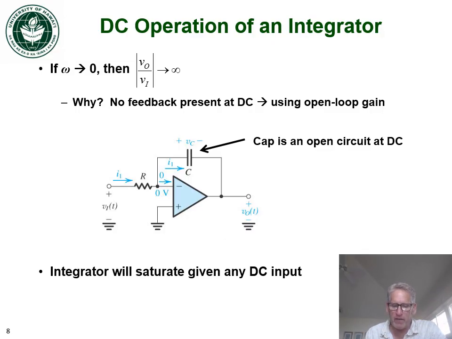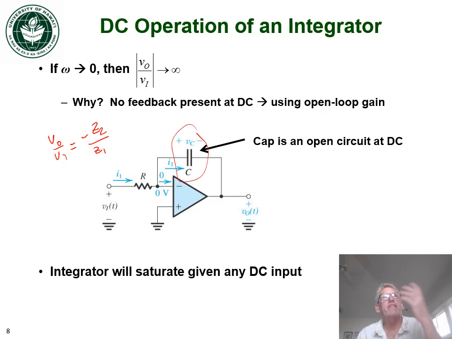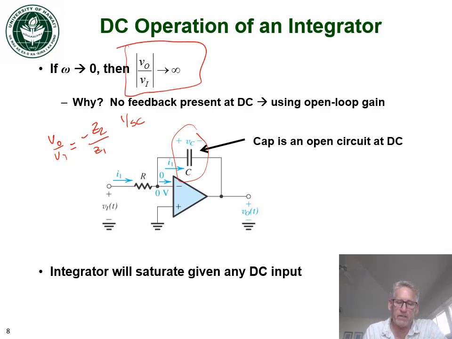Keep in mind that if we think of this as an impedance divider, Vout over Vin is minus Z2 over Z1, where Z2 is coming from our capacitor C. As the frequency gets lower and lower, remember this is 1 over SC, that impedance gets bigger and bigger, and it tells us that our gain can basically explode, goes to infinity, right? So why?